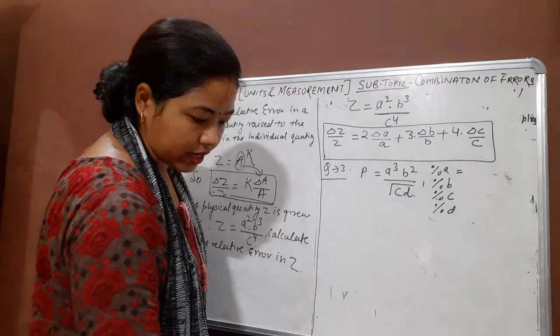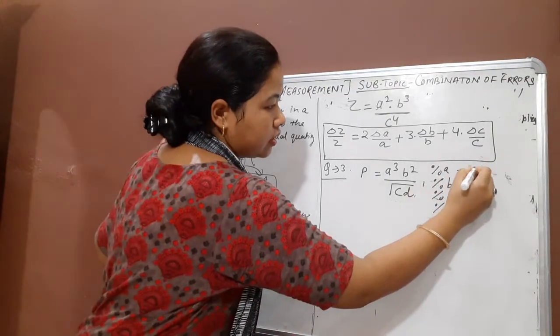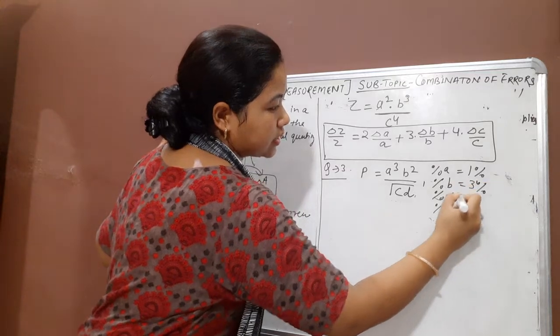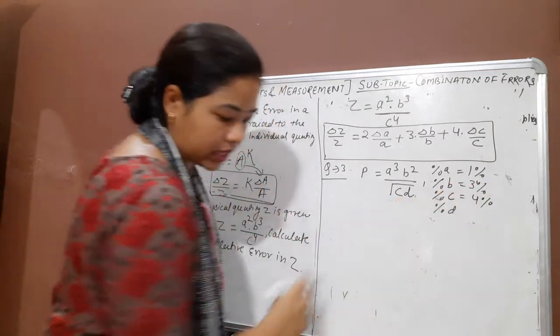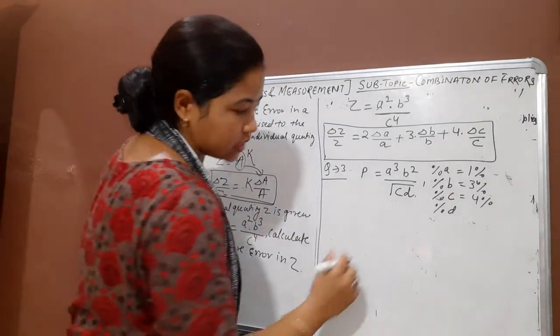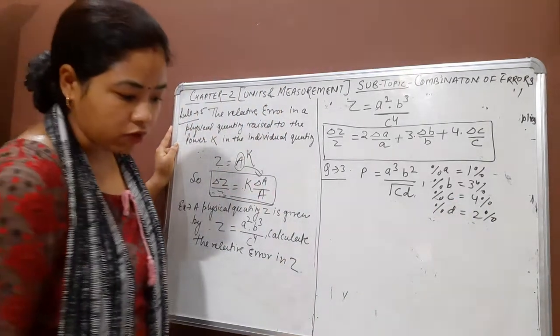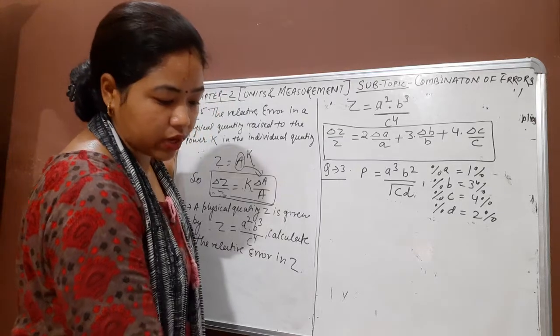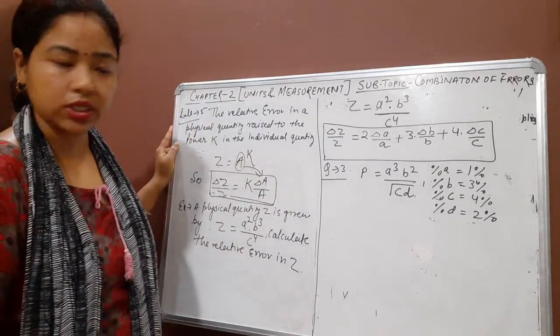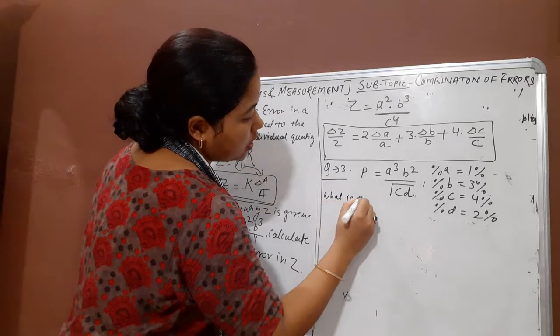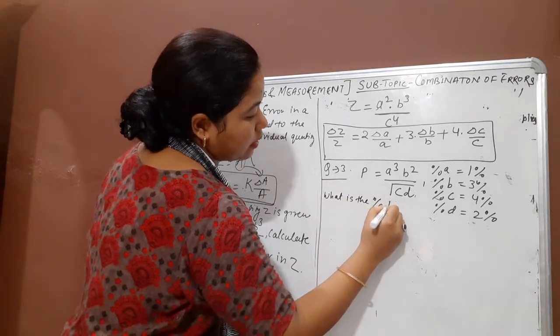The percentage error in a is given as 1%, in b as 3%, in c as 4%, and last, the percentage error in d is given as 2%, right? Now what you have to calculate is the percentage error in the quantity p, the total percentage error in p.